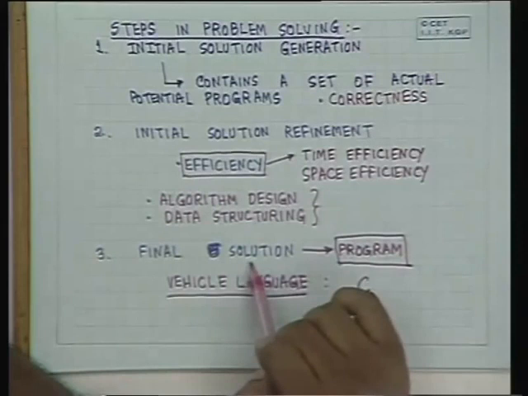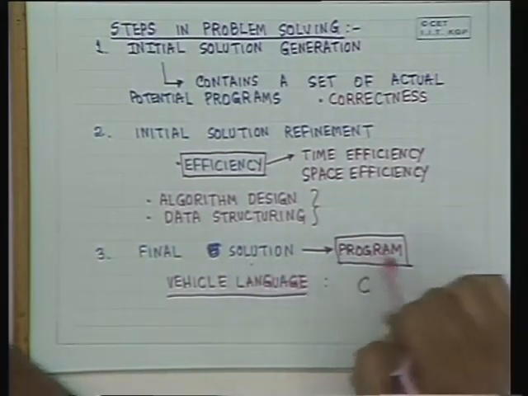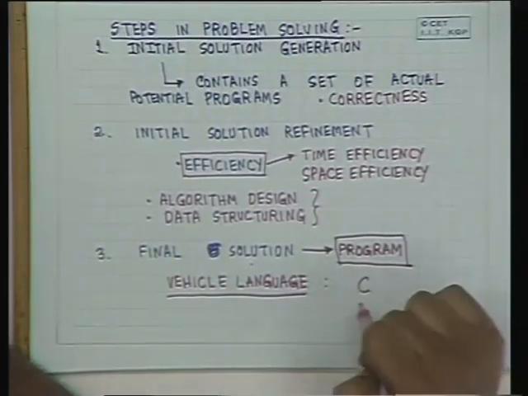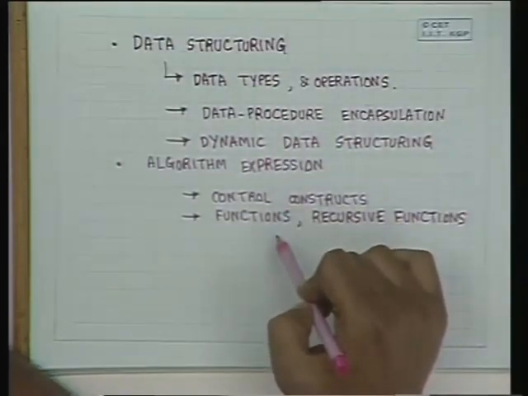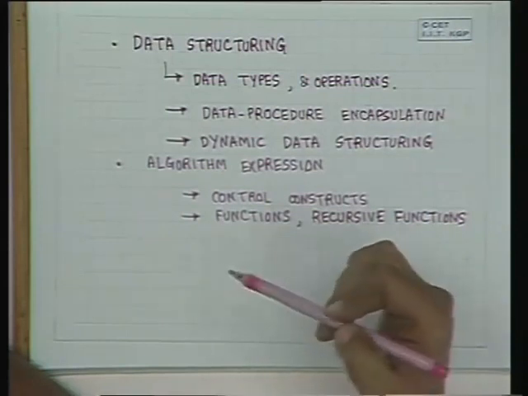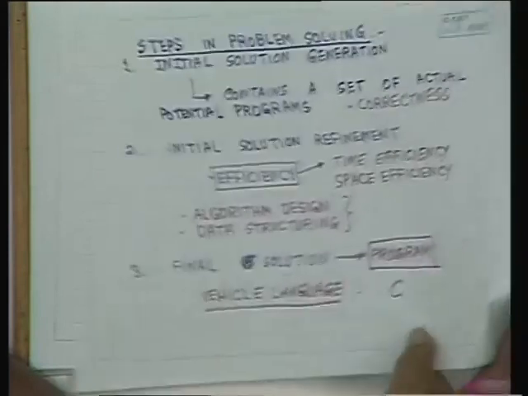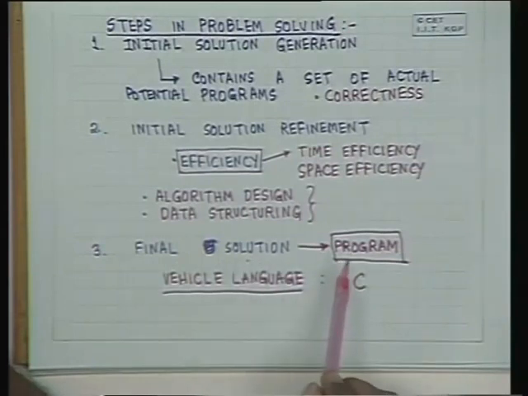And even translation from a solution to a final program may take some effort depending on the language which is available to us. And the language C has to be studied because it does provide several interesting features which can be automatically used from our final solution. That is, our final solution itself can be expressed in a high level which has got a reasonable one-to-one correspondence with the language C in many situations.